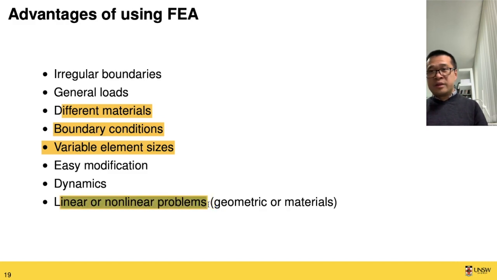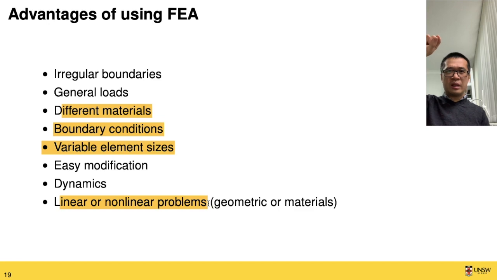Linear or non-linear problems, either in geometry or material. What does that mean? If you look at your stress-strain curve, from first-year mechanical properties courses, initially the loading with respect to deformation is linear. That's the part where you can work out the Young's modulus, and that's the part you can work out with finite element analysis, which will be covered in this course.